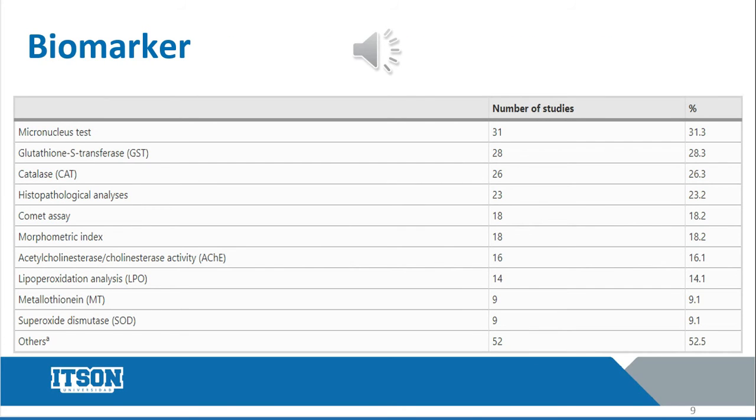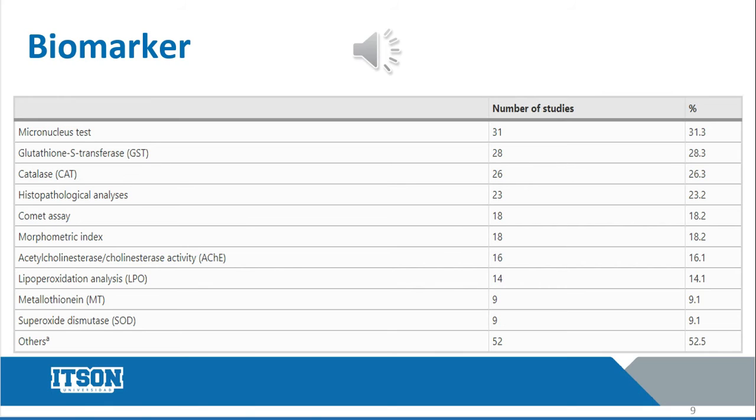From the biomarkers, in these tables you can see different types of biomarkers that you can extract or study in Brazil. For example, the micronucleus test, the glutathione S-transferase, the catalase, the histopathological analysis, the comet assay, the morphometric index, the acetylcholinesterase activity, the lipoperoxidation analysis, the metallothionein, the superoxide dismutase, and others.